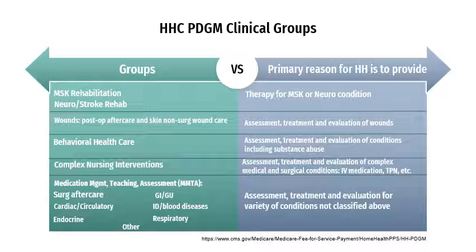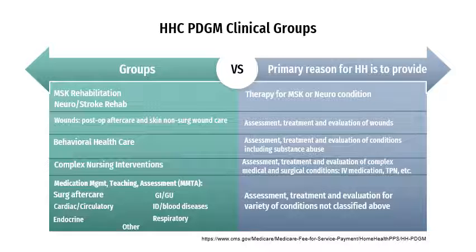Next is complex nursing interventions. These are going to be your patients who require complex medical and surgical aftercare, things like IV medication, parenteral nutrition, etc. And then the last group of groupings would be your medication management, teaching, and assessment of.